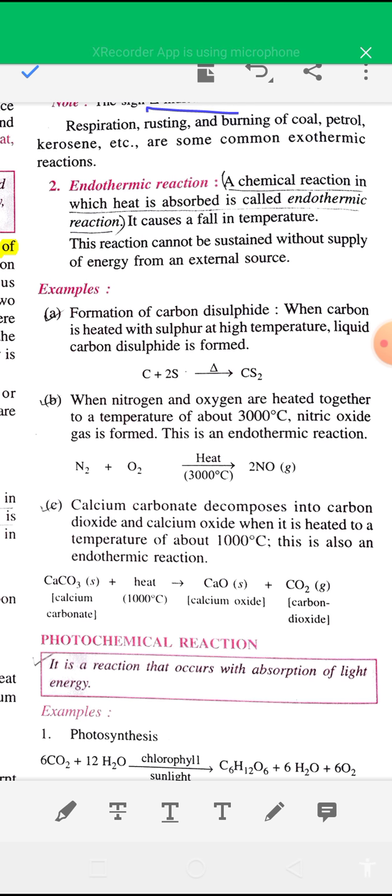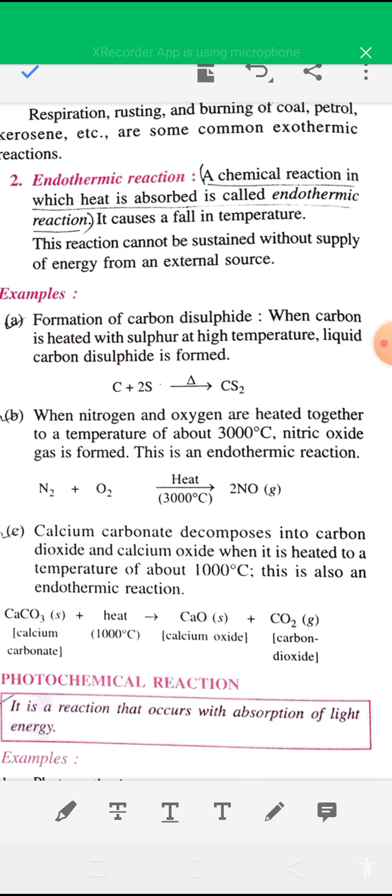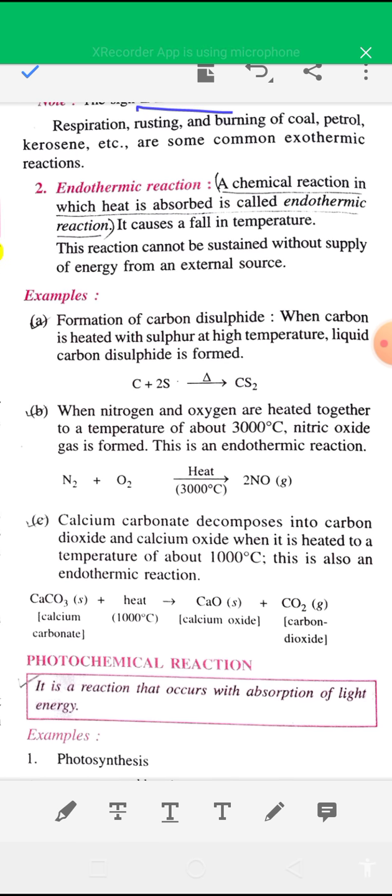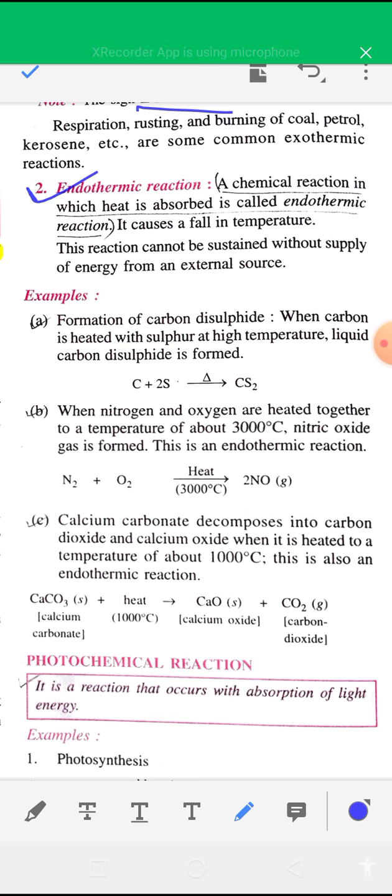of exothermic reaction. Now see endothermic reaction, that means energy is absorbed. A chemical reaction in which heat or energy is absorbed is called an endothermic chemical reaction. Example of endothermic reaction: formation of carbon disulfide.